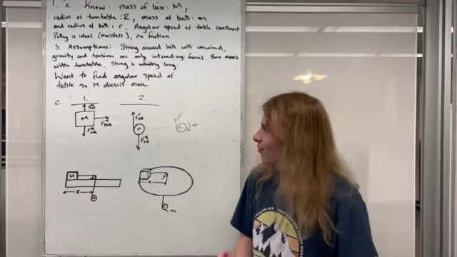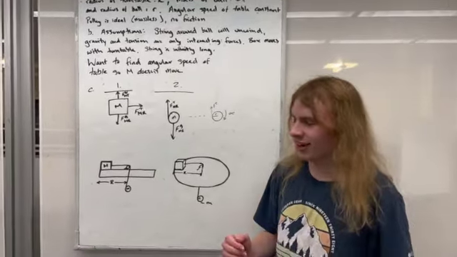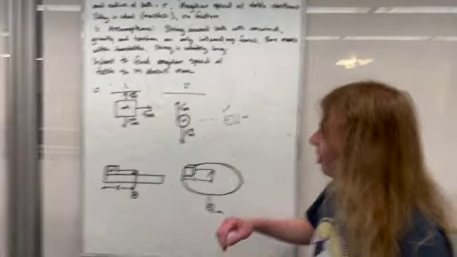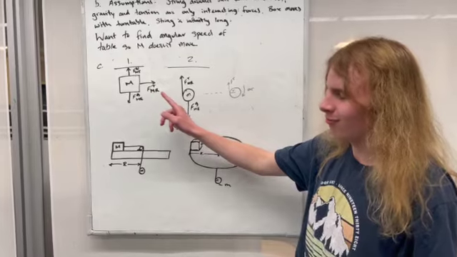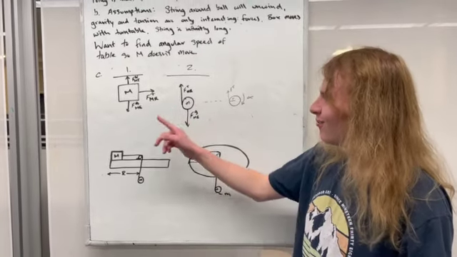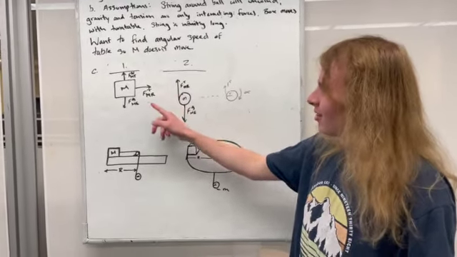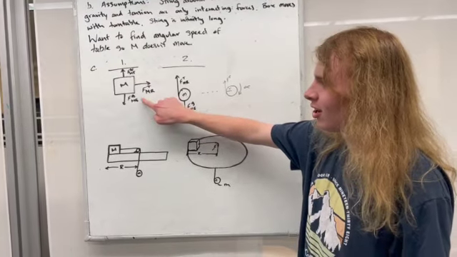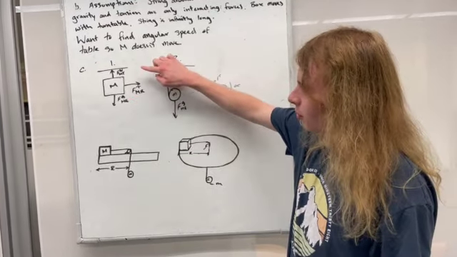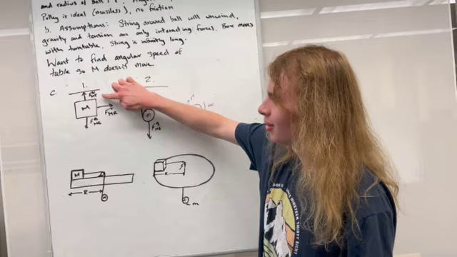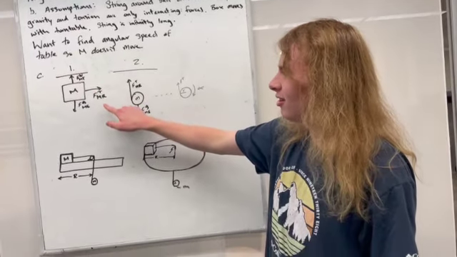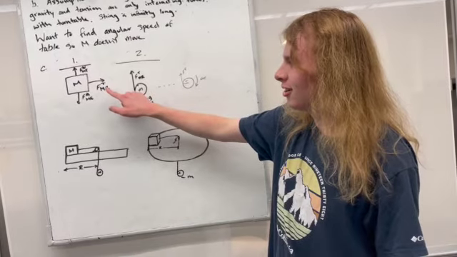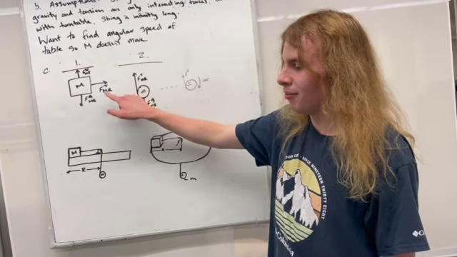So here we have our free body diagrams for this problem. The first one is the free body diagram for the mass. We have our force of gravity on the mass by the Earth, a normal force on the mass by the table, and then tension from the rope on the mass.